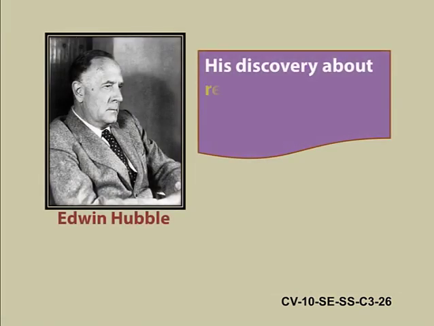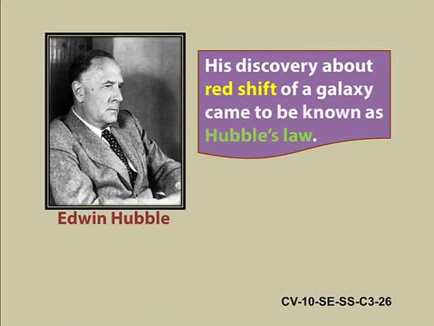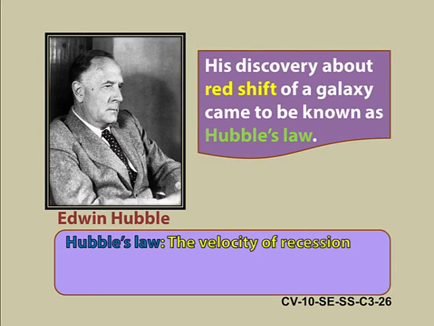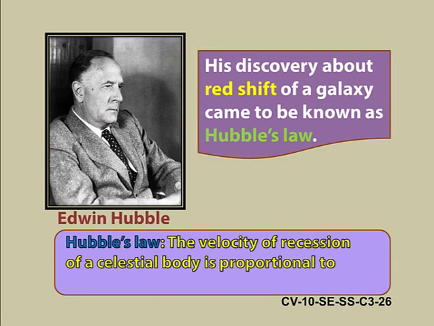His discovery about the redshift of galaxies came to be known as Hubble's law. The velocity of recession of a celestial body is proportional to its distance from us. Recession here means decline. This law tells that long ago, all galaxies were together.